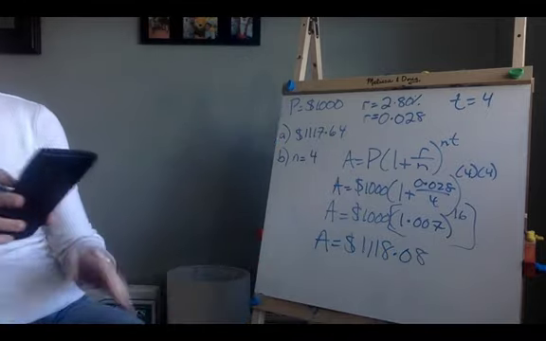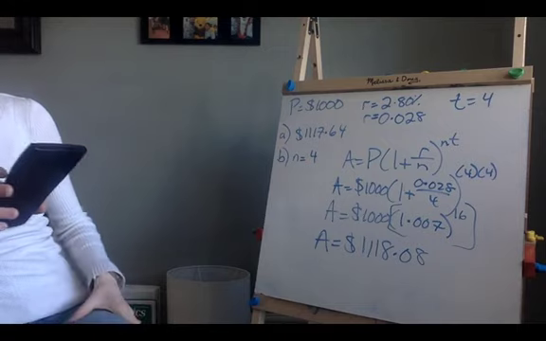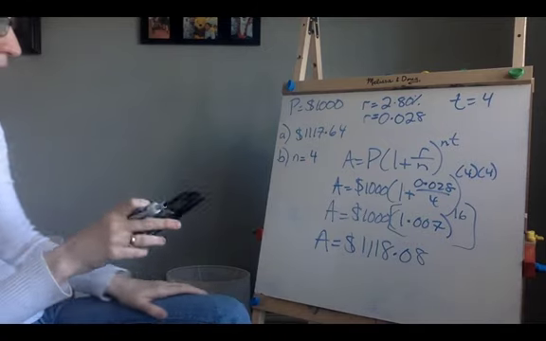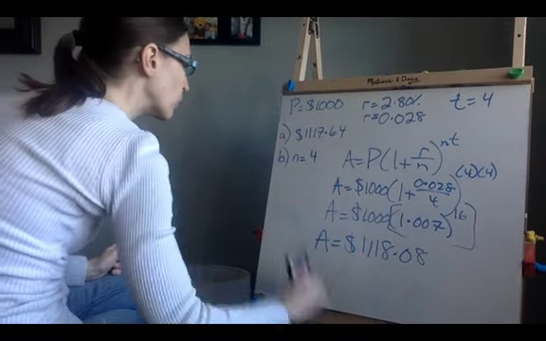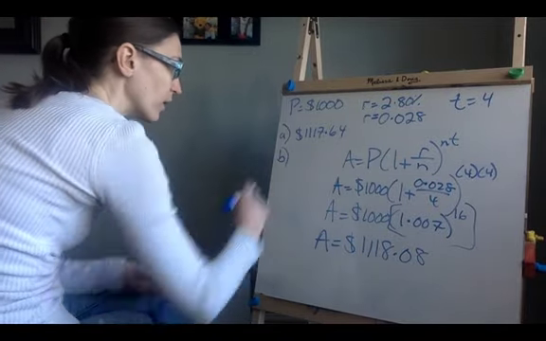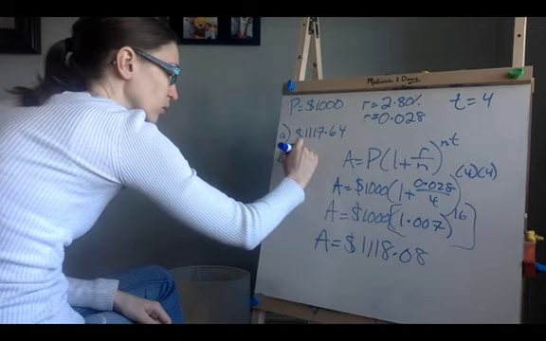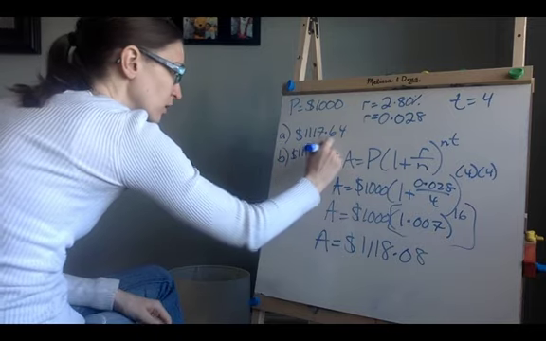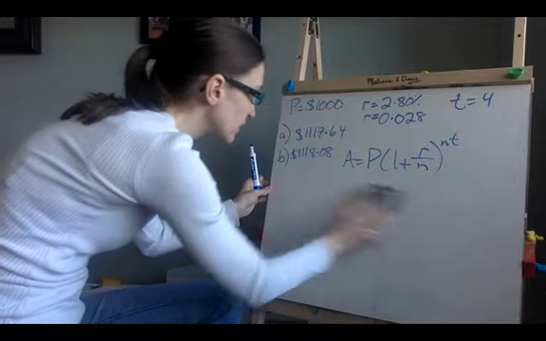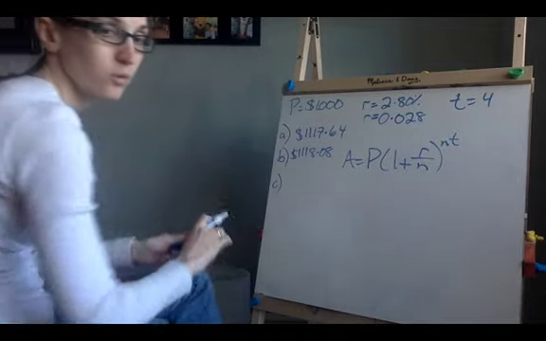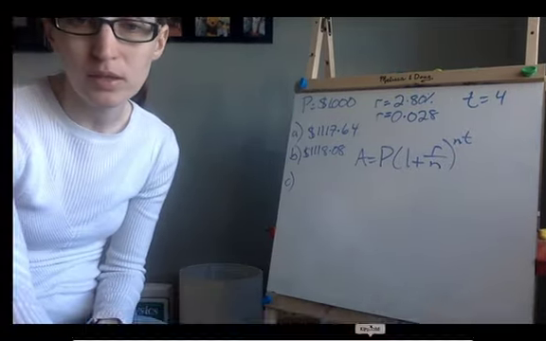So for B, we get a little bit more money, with $1,118.08. And then finally we can look at C, which I think has us compounding monthly.